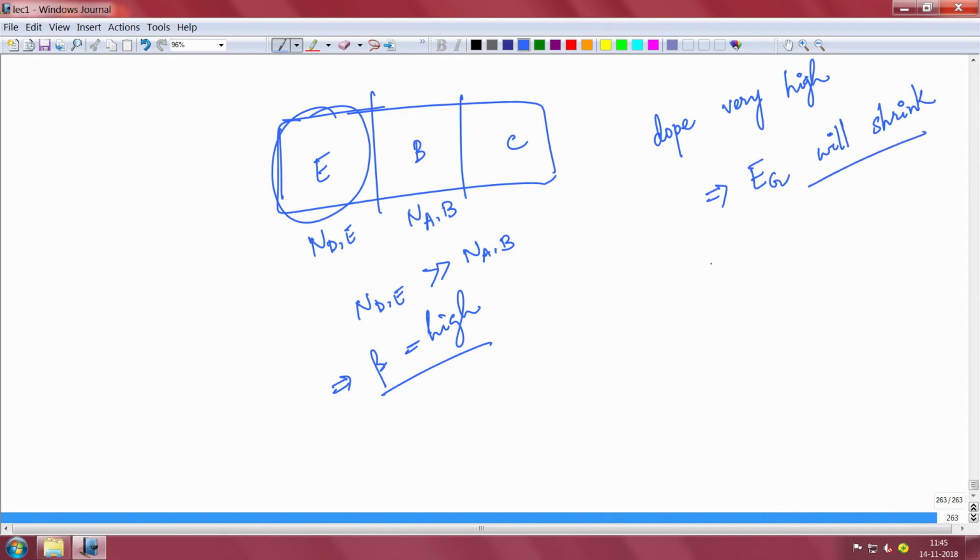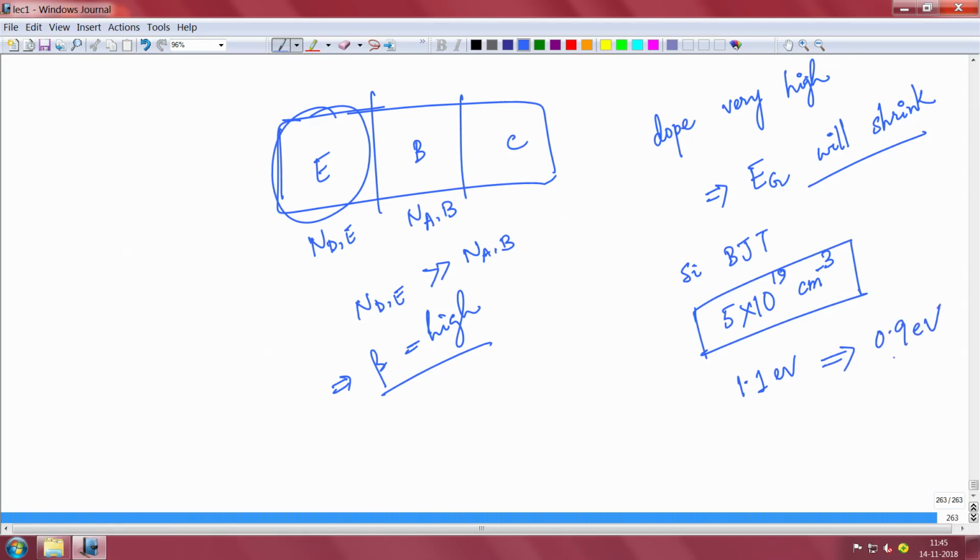For example, if you take a silicon BJT and your emitter is doped very high, say 5 into 10 to the power 19 per centimeter cube, which is an extremely high doping for silicon, then your band gap will shrink from 1.1 electron volt to a lower value, maybe 0.9 electron volt or even lower.